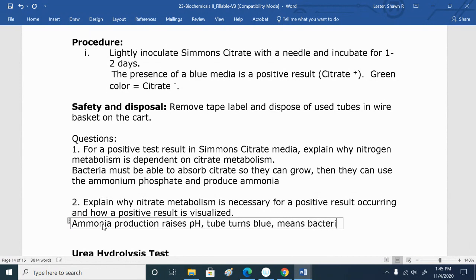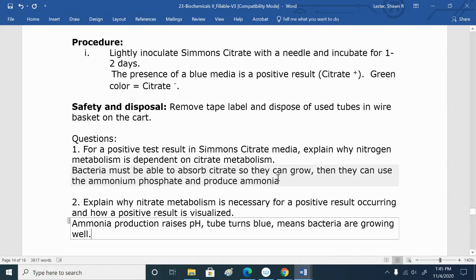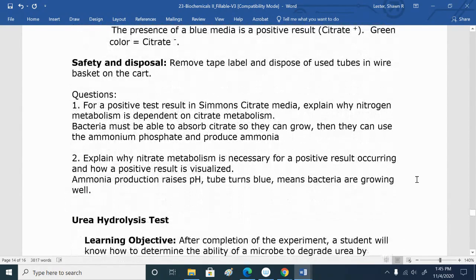It means the bacteria are growing well, right? Because they can absorb the citrate. So if the bacteria have the enzyme citrate permease, they're able to absorb the citrate from the agar, so they can use it as a carbon source to grow.